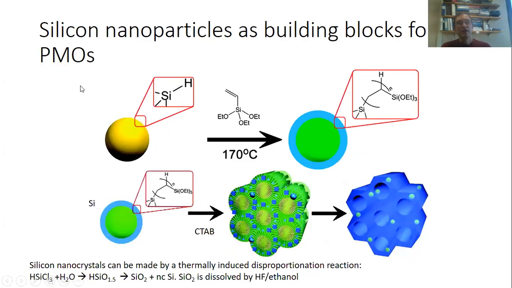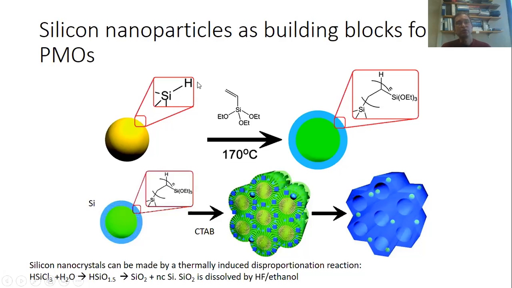All right, another extension of this concept is to use silicon nanoparticles as building blocks for PMOs. So you can make silicon nanoparticles which are a few nanometers in diameter. And these particles have silyl groups on the surface.